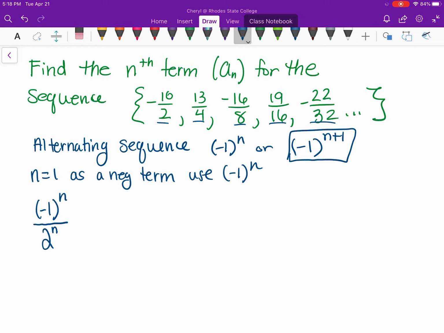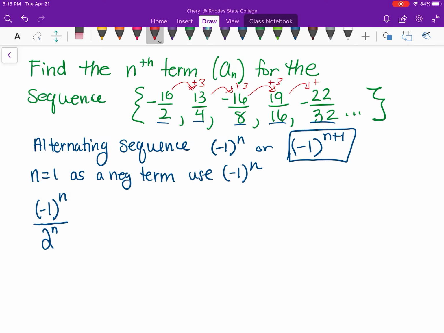Now, when I look at the top to figure out how to get the 10, the 13, the 16, the 19, the 22, etc., going from one term to the other, looking at just the numerators, I keep adding 3. I'm not looking at the signs because I already took care of that with the negative 1 to the n power.